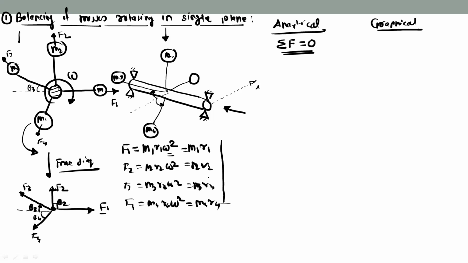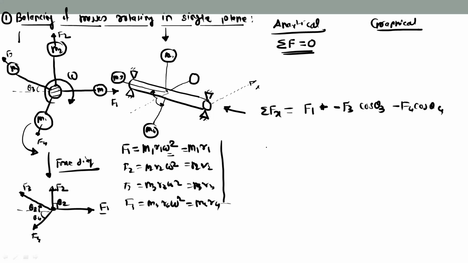From this diagram we will write the summation of Fx. Summation Fx will be F1 plus F2, there is no component of F2 in the x direction, then minus F3 cos theta 3 and minus F4 cos theta 4.